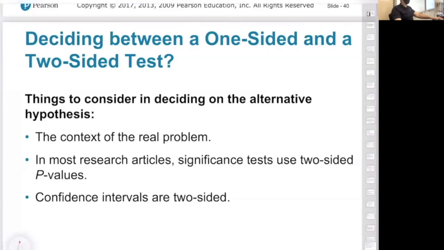Okay, so for example, if you have words like greater than, exceeds, increases, at most, all these words mean greater than. So the alternative would be greater than in this case. Of course, the opposite would be less than.